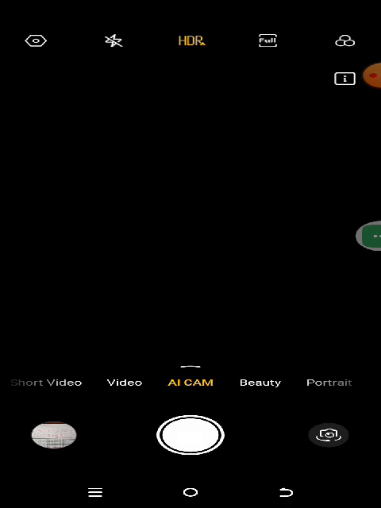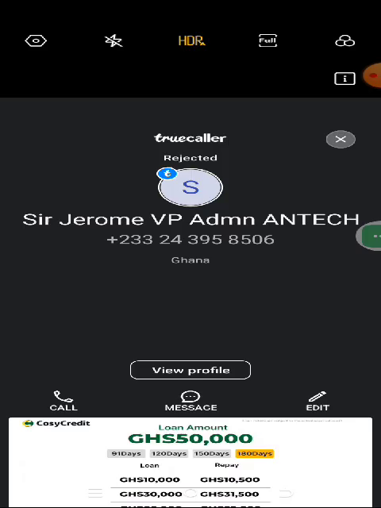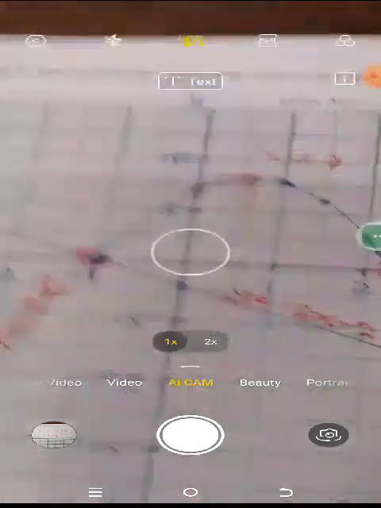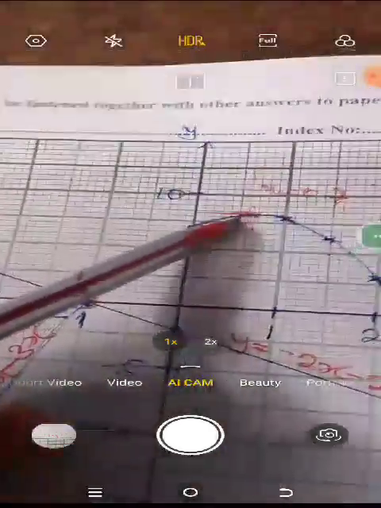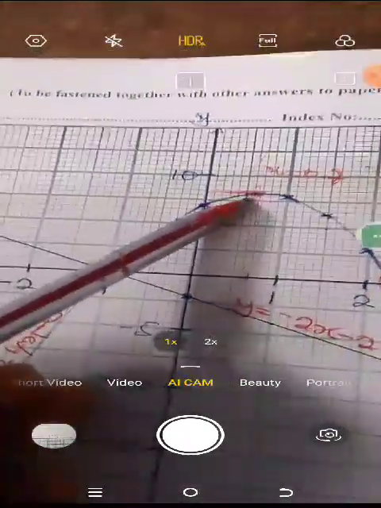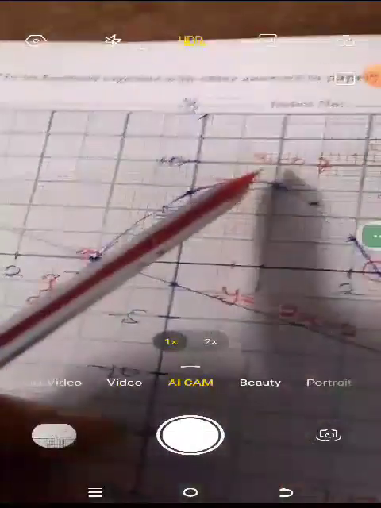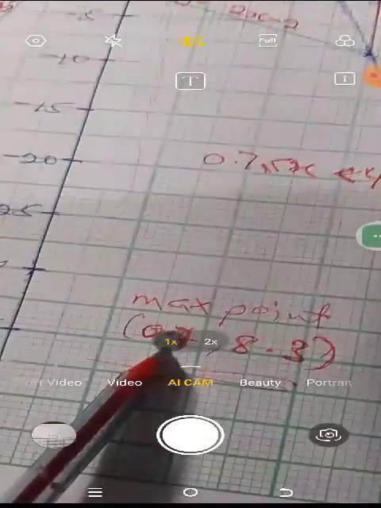The y value becomes either your minimum value or maximum value when it turns upside down. Minimum value when it turns up, maximum value when it turns down. So both the equation of the line of symmetry and the maximum value or the minimum value give you either the maximum point or minimum point.